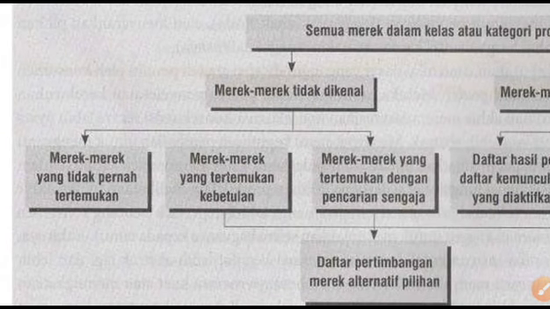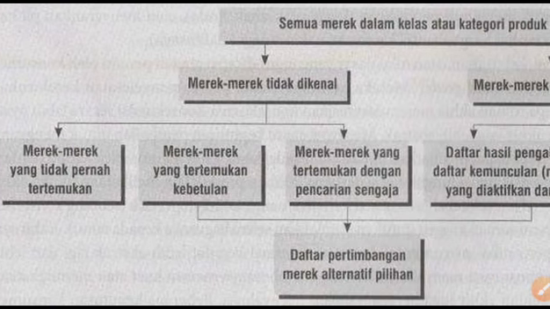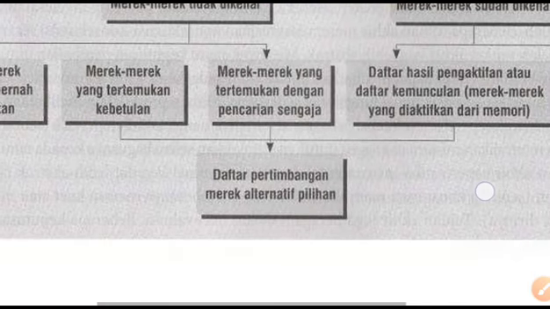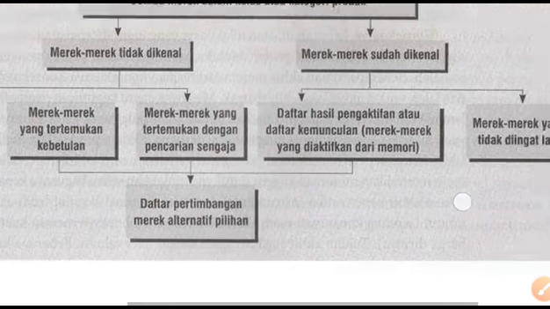If the consumer doesn't know the brand, he will never know it. And then the brand can be found suddenly, and after he does some research, the last is the consumer will make this alternative brand.